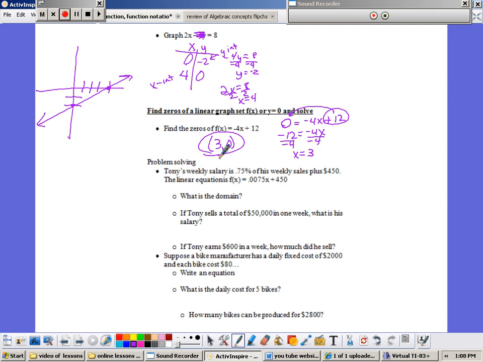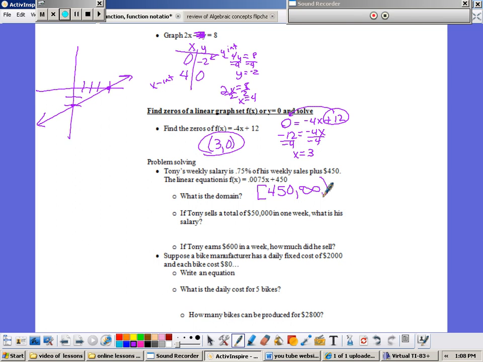According to what I told you earlier, there is no denominator and there is no square root, so it should be negative infinity to infinity. But in real life, it's not always that way. If you look, his salary starts at 450. It's not going the whole way to negative infinity. So his salary will start at 450 and will go to infinity. Even though I told you previously it's like that, you have to think in real life, can that really happen?